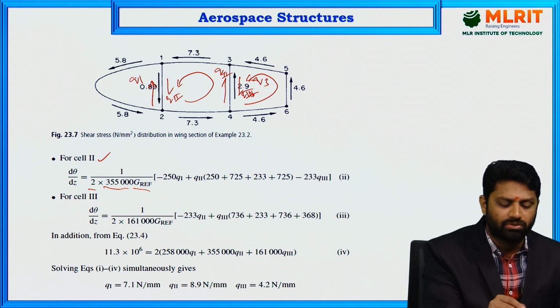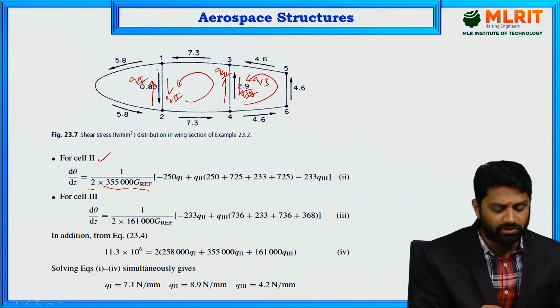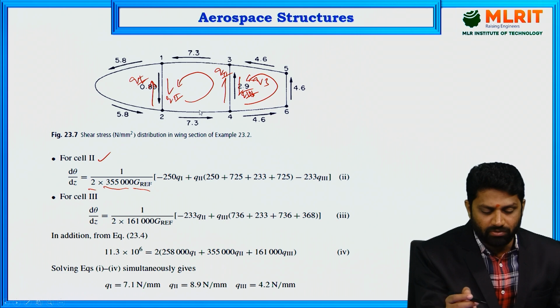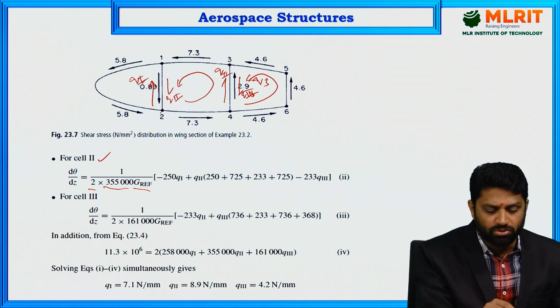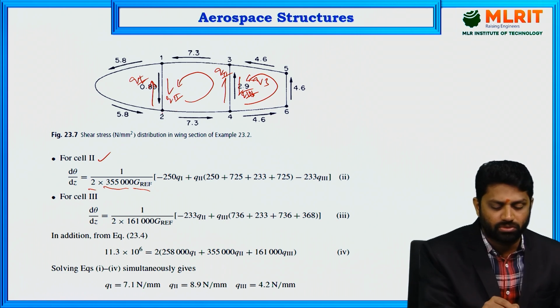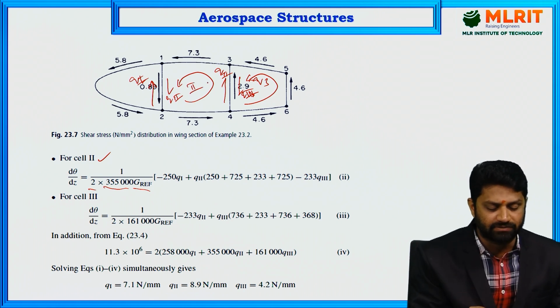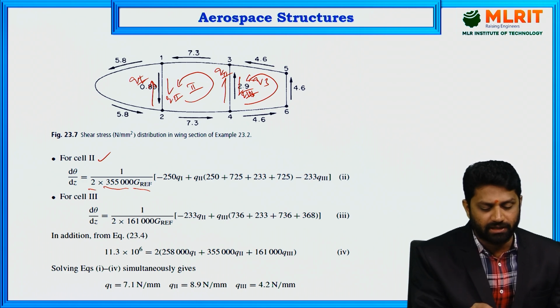Okay, so if you look at this one, when you try to write, first consider all these walls. So the common walls, for 1 2, 2 4, 4 3 and 3 1. So this is cell 2. Therefore what you can write here is, first you can write the common walls.